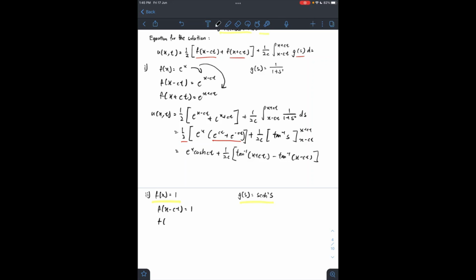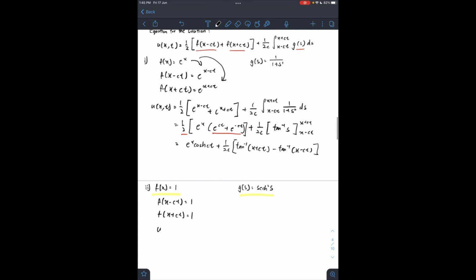So no matter whether this is minus ct or plus ct, it will become 1. So we can directly substitute it, become 1 plus 1, plus 1 over 2c. And same thing, we need to use the integration here. So this will become 1 plus 1 over 2c.